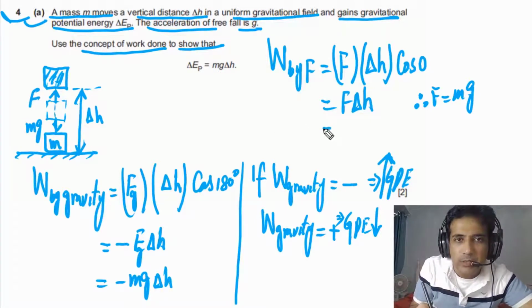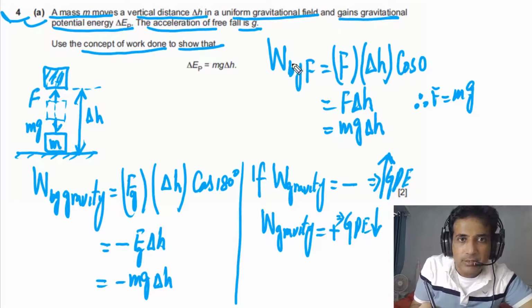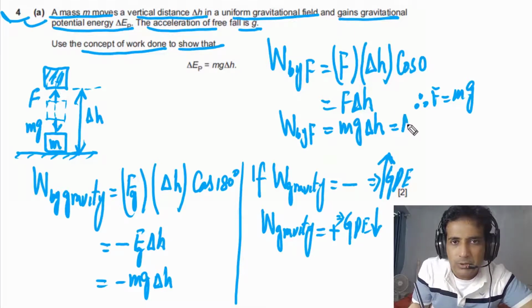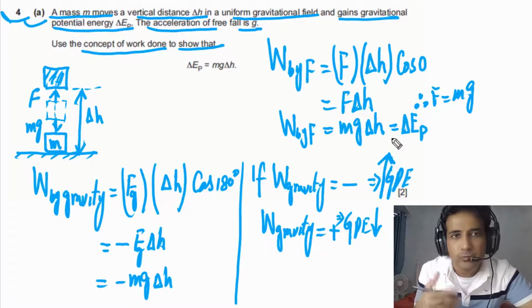So we can replace F with mg and get mg delta h. Work done by F is equal to the change in gravitational potential energy, delta EP. And this is what we need to prove for this question.